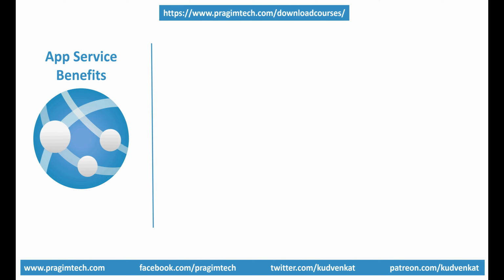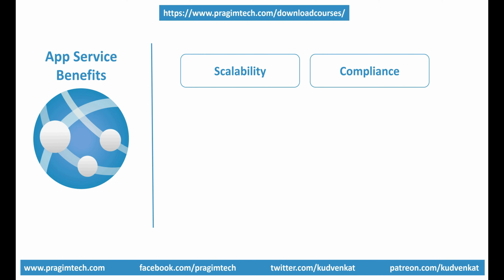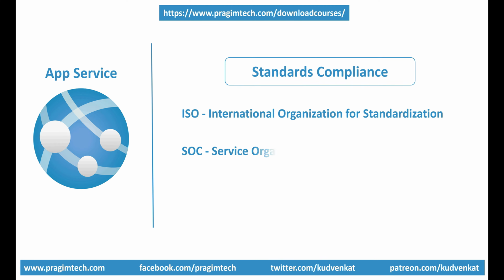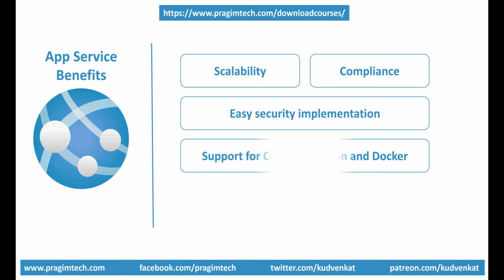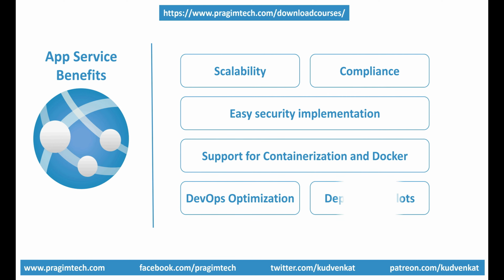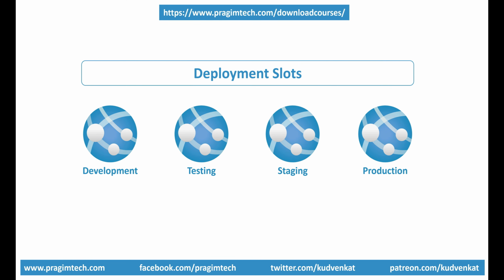It offers several benefits like scalability, that is both manual and auto scaling, standards compliance like ISO, SOC, PCI, etc., easy security implementation, including support for external authentication providers like Google, Facebook, Twitter, or Microsoft, support for containerization and Docker, DevOps optimization, deployment slots. In this video, let's focus our attention on deployment slots.